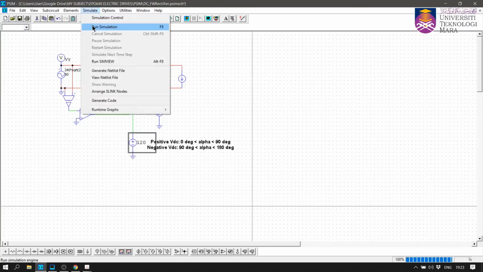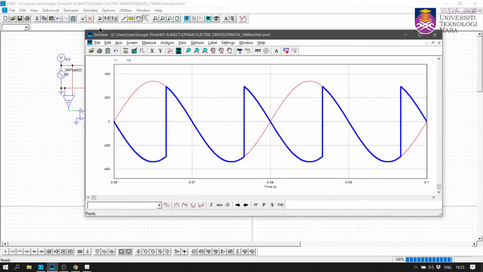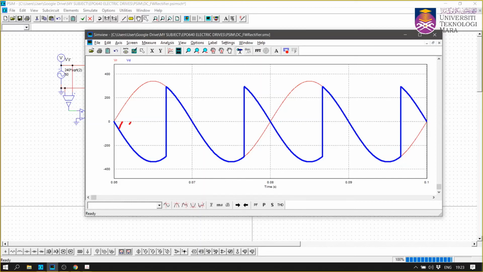Run simulation. Look at that. Now, if you look properly, the negative area here is greater than the positive area. So what does it mean? If you take the average, of course, the average Vt here is a negative value. The output voltage is already negative.